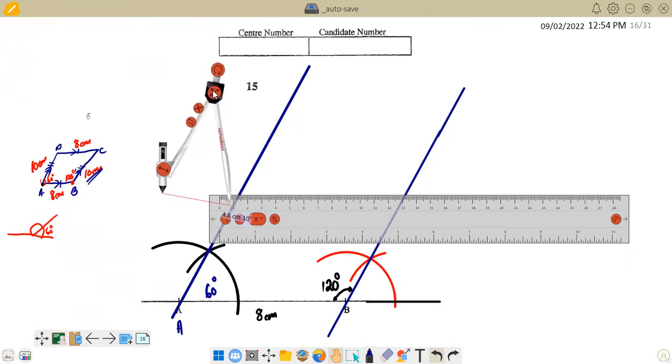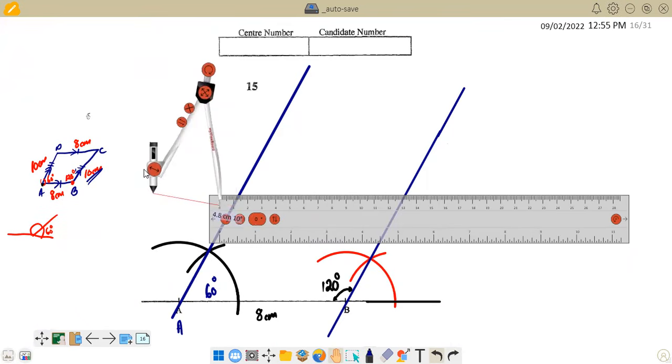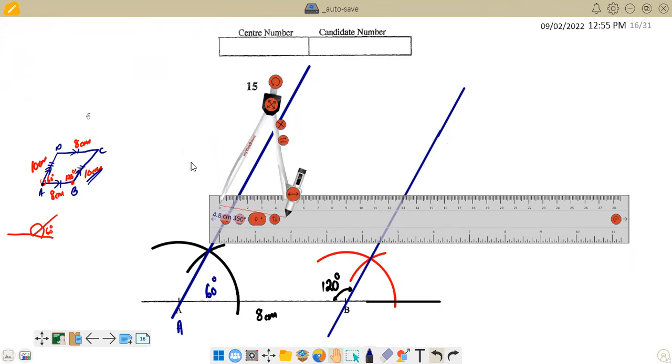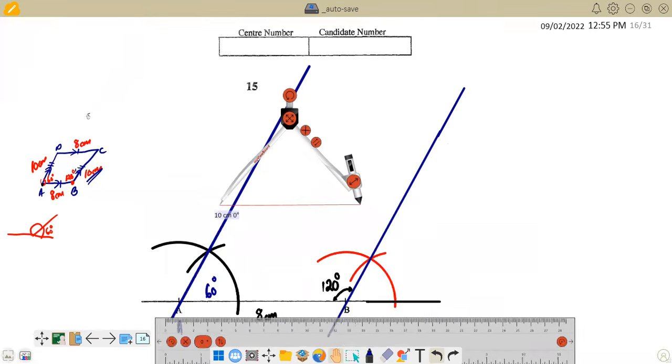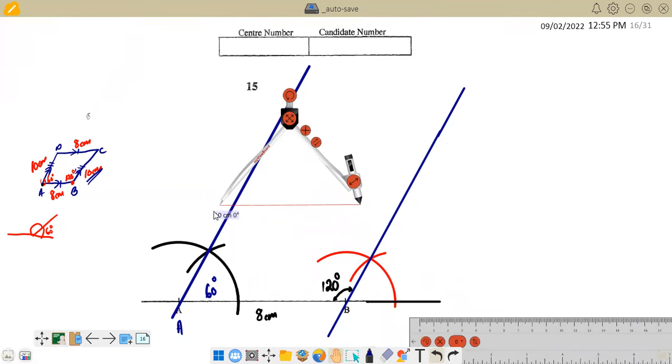This one of mine can actually give me the length, as you are seeing, but for you, you're supposed to get directly at 10. So this is our 10 centimeters here. As you can see, it's actually indicating 10 centimeters.